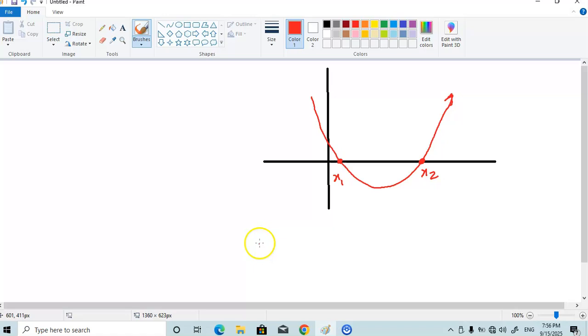If you want to find these points, there are different ways to find them. The first one is by factoring, which is GCF, special case, FOIL. The second one is using the quadratic formula. And the last one is completing the square, okay?